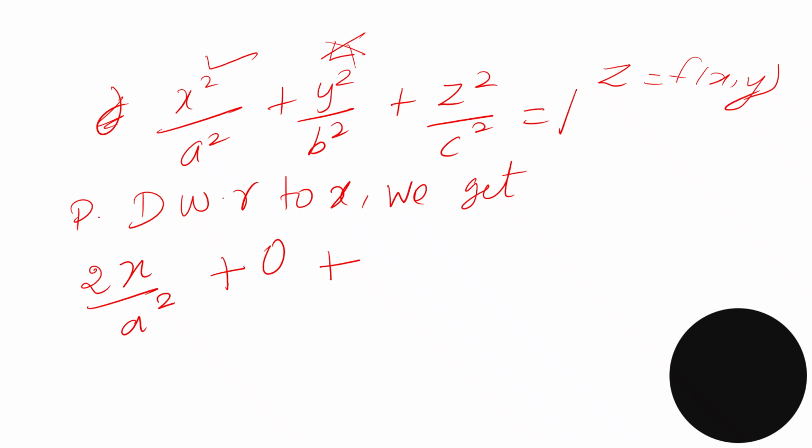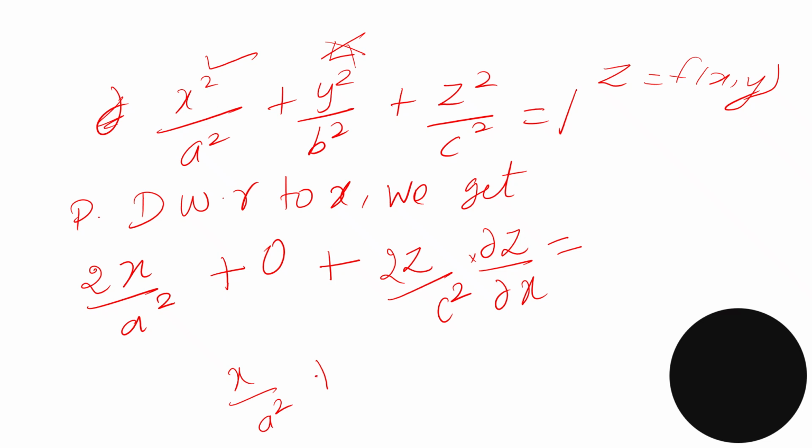So what is the differentiation? Normally z² differentiates to 2z, but this is partial, so with respect to x we multiply by ∂z/∂x. The term equal to 1 differentiates to 0. Now the 2 will cancel: x/a² + (z/c²) ∂z/∂x = 0.